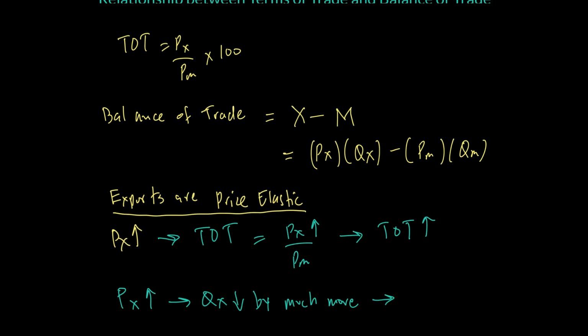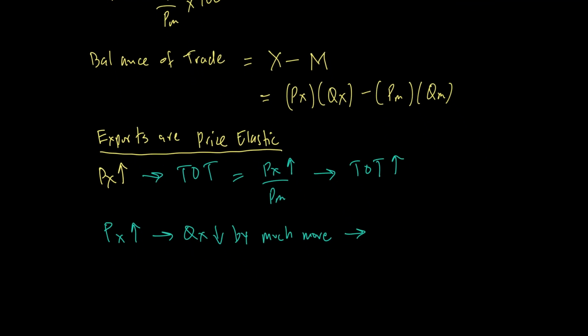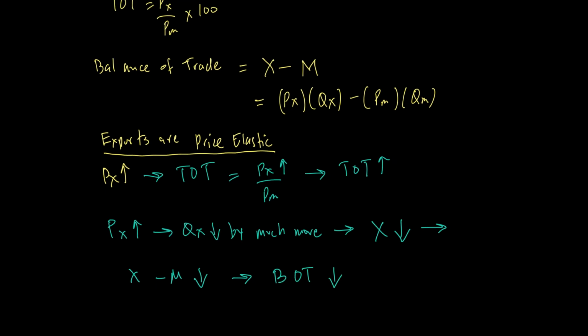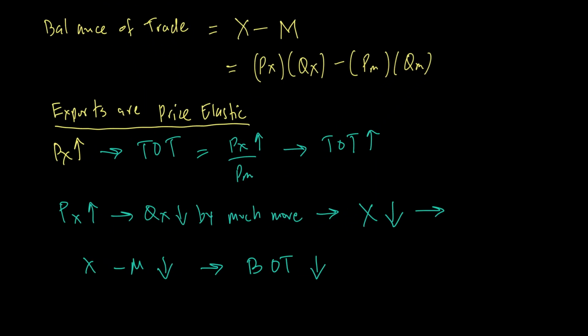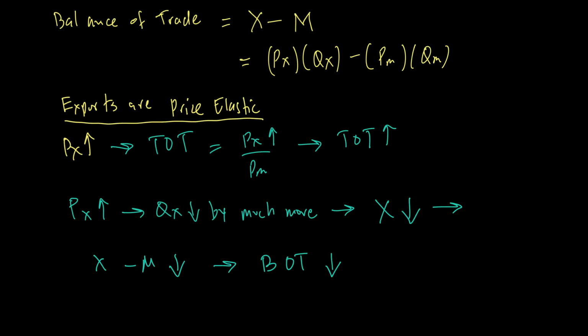So when the price goes up, quantity will fall by much more. And if that happens, then export expenditure will fall. And if export expenditure falls, then your x minus m falls, or your balance of trade will also fall. Which means that when the exports are elastic, one could argue that the terms of trade will go up when the exports become expensive, but the balance of trade will fall.